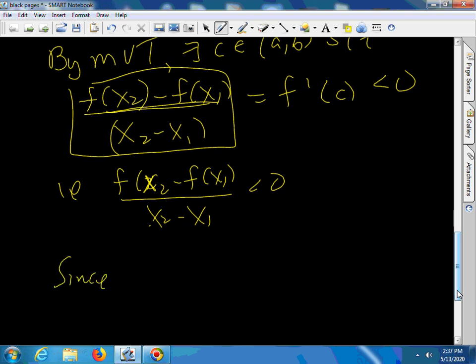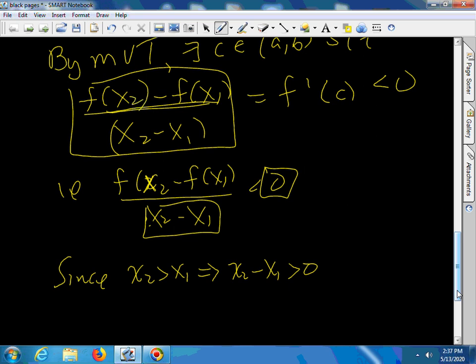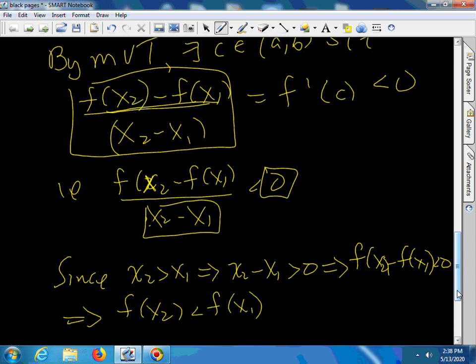Since x2 is bigger than x1, that implies that x2 minus x1 is positive. So if this is positive and the whole fraction is negative, that means the top is negative. That implies that f of x2 minus f of x1 is less than 0, but that implies that f of x2 is less than f of x1.